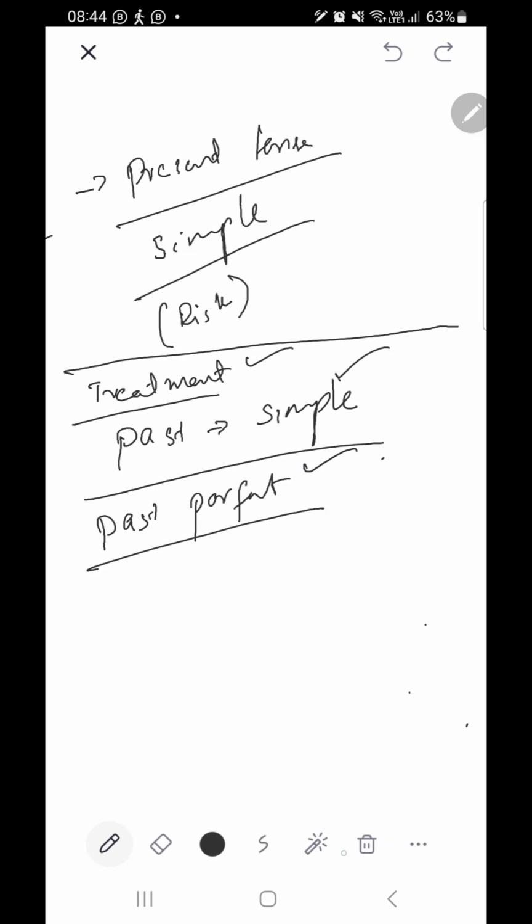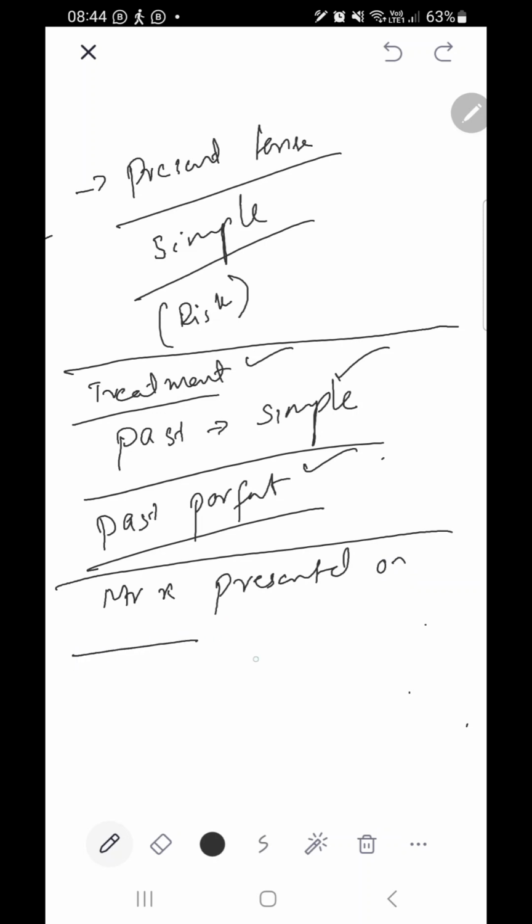Okay, but as you can see in writing a referral or discharge letter, we can write, let's say, Mr. X presented on, let's say, blah blah date with whatever complaints of. So past simple can be used.